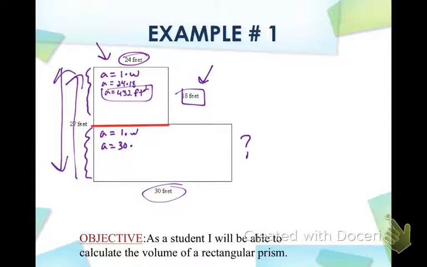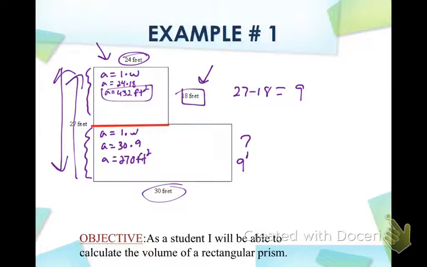So I'm going to do 27 minus 18, and that gives me 9. So this right here is 9. You can always check: from here to here is 9, and here to here is 18, which gives us 27. So the width is 9, and 30 times 9 gives us 270 feet squared.